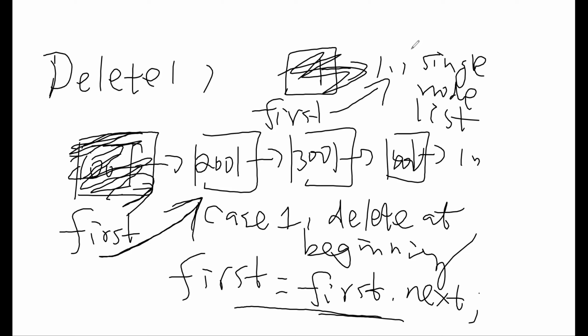So it still works, and after you erase this, it becomes an empty list. So this case still works. Then let's take a look at some other cases. So we have the linked list.